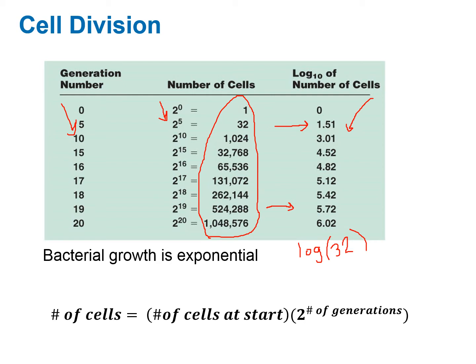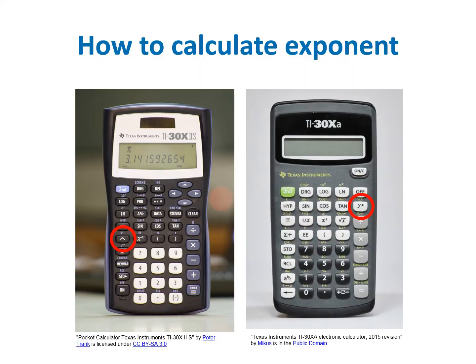Let's try a few practice problems. But first, let me review how to do exponents with your calculator. I recommend that you use your scientific calculator that you probably have from your chemistry class rather than your cell phone, but if you don't have that calculator handy, you can try your cell phone. In order to do exponents, you're going to look for one of two buttons.